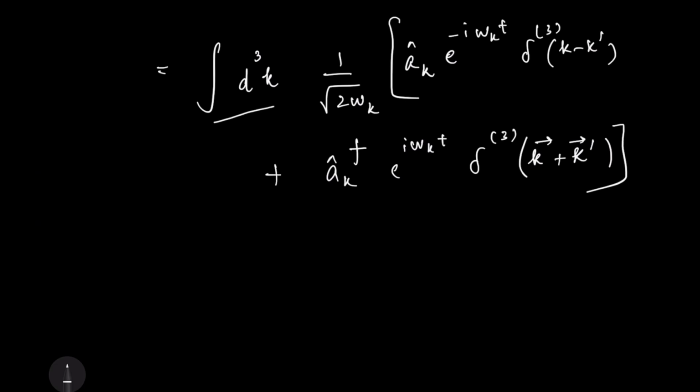Now I have to integrate with respect to d cube k. So I'll take the constants outside. If I take the constants outside, I'll get 1 by root 2 omega k.